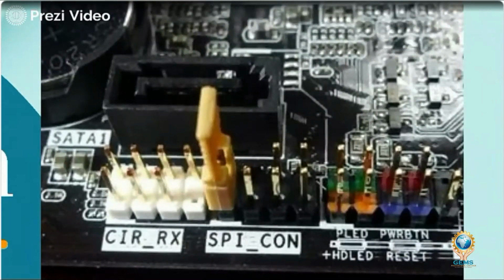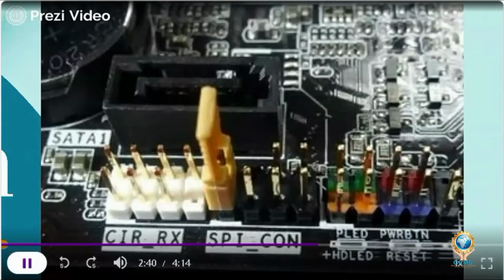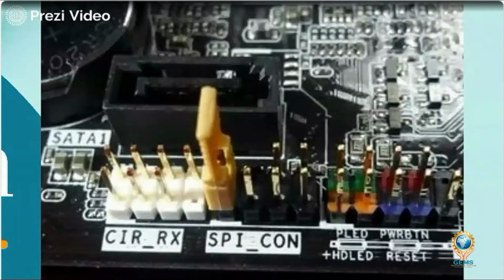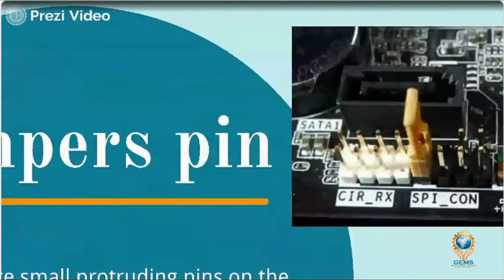The jumper pins look like this. It is used to short the two pins or to connect the electrical circuit between the two pins without any problem. The jumper pins are also used for the drive password, to short the circuit for resetting the drive password.